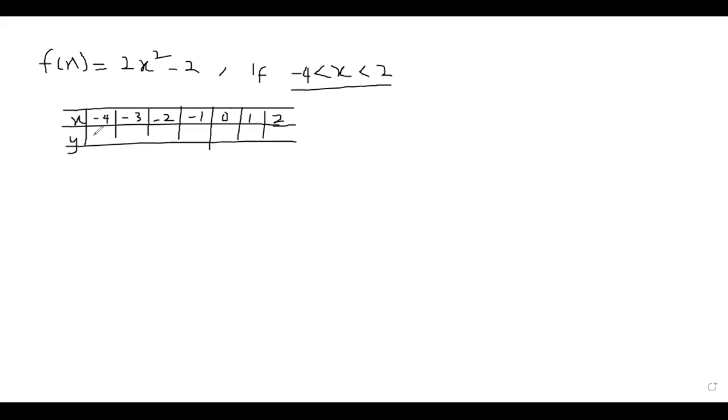So -4 is 29. -3 is 15. -2 is 5. -1 is 1. 0 is -3. 1 is -1. And 2 is 5. Thank you.